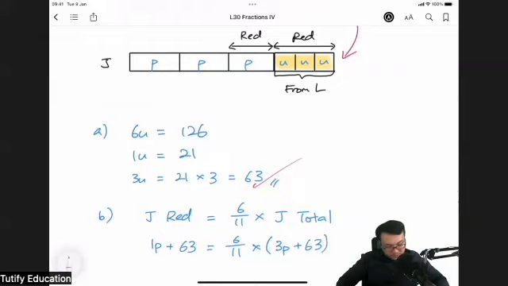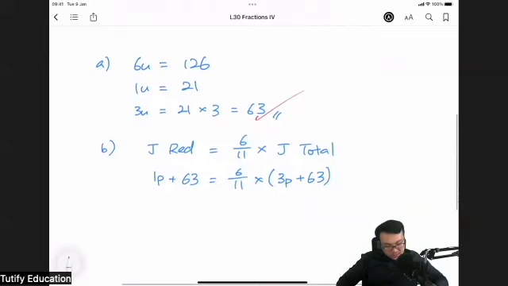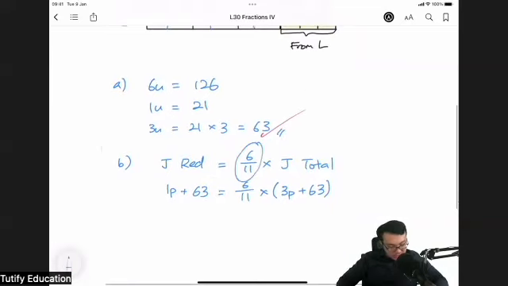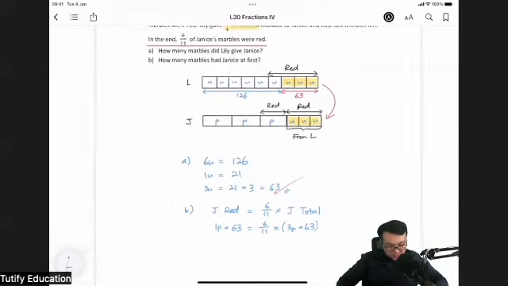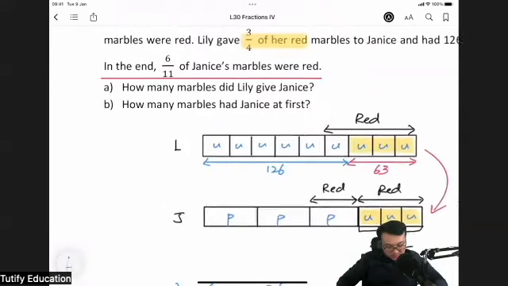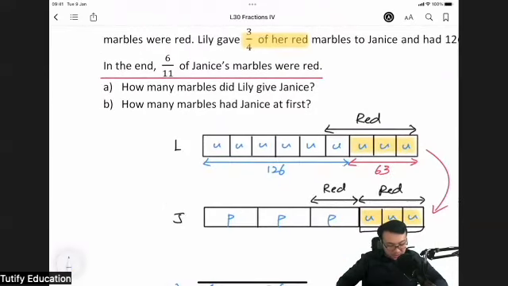Very good. So now we already agreed that the red marbles is 1 part plus 63, and the total is 3 parts plus 63. However, we have 6 out of 11. This comes from the question. The question told us that 6 out of 11 of the total Janice marbles is red.